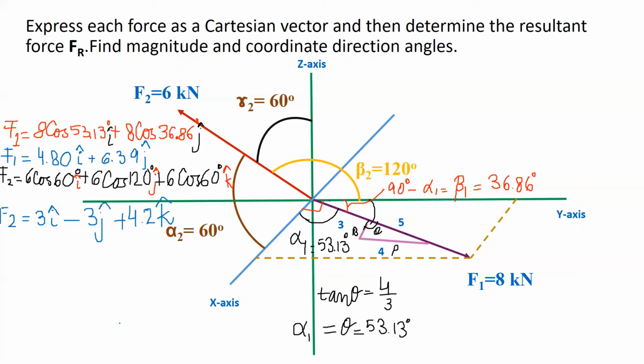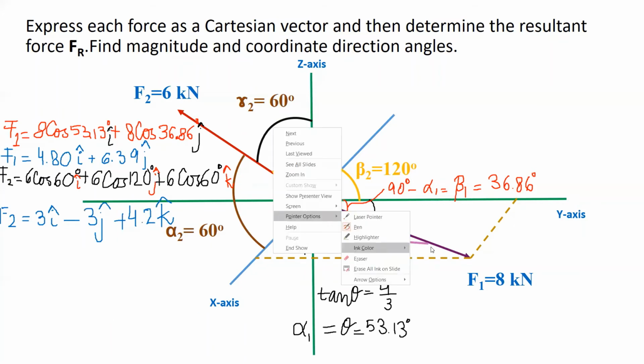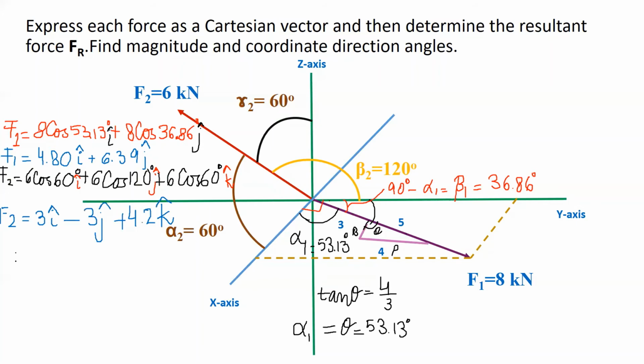Now in the next step, I am going to take another pointer color, the black one. You have to sum up both the forces, because both are in Cartesian vector form, F1 plus F2, so you will get your resultant force. You put the value of F1 equal to 4.8 i plus 6.39 j.